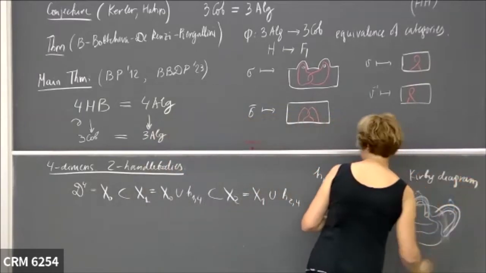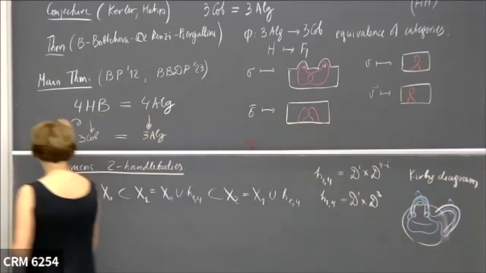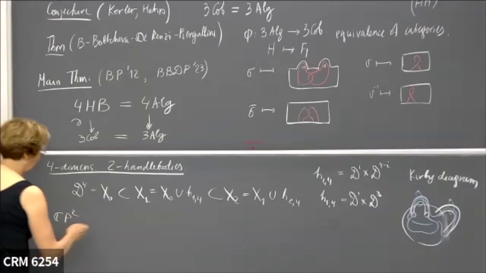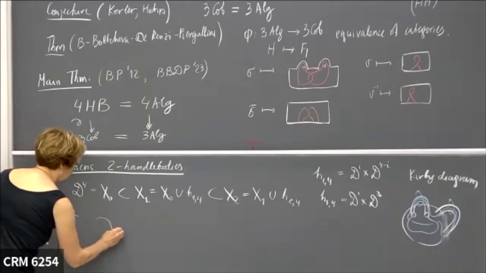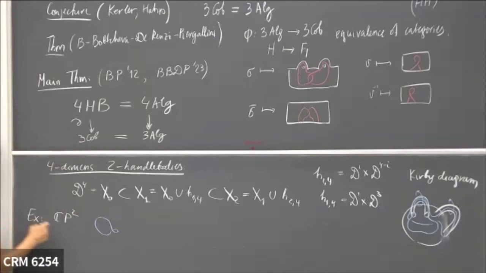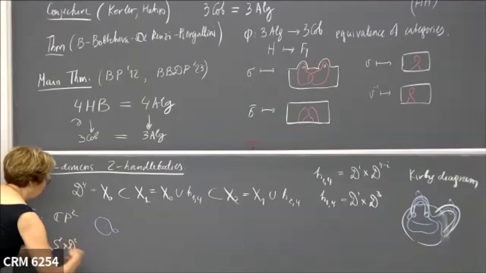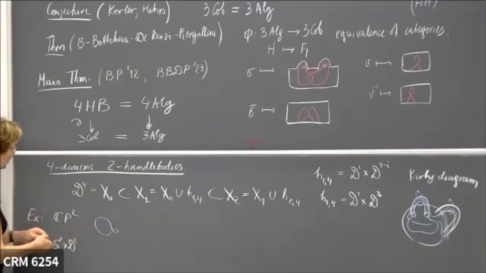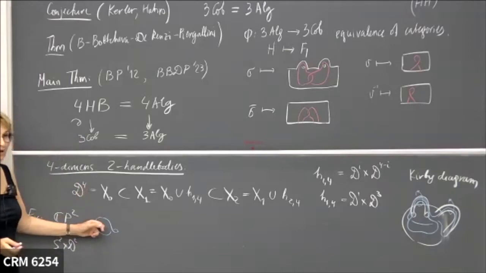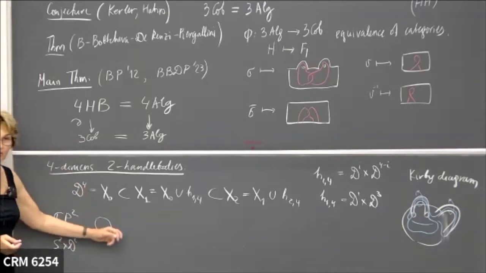So let me provide you a few examples of such a diagram. So for example, CP2 will be presented just by this Kirby diagram. Okay, S^2 times D^2 will be presented like this. So this means that you have D^4, you don't attach any 1-handles, you just attach 2-handles along this curve.